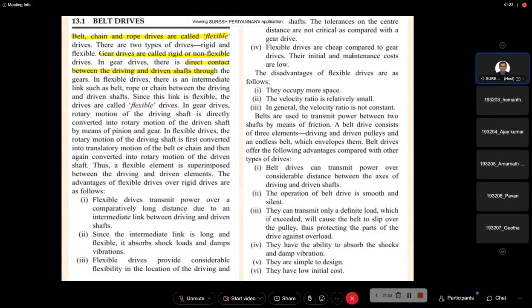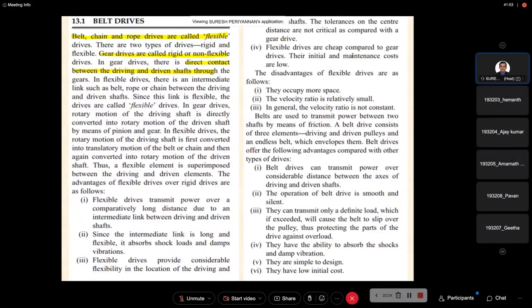The pinion and the gear are meshed to each other with no intermittent link, and this is called a rigid type mechanism. You may expect such a subjective question. Now come to this.